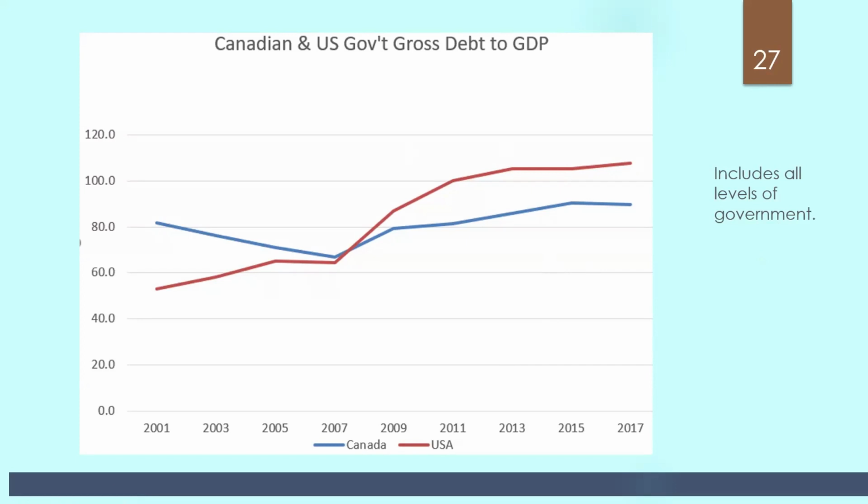The US dollar is a lot stronger than the Canadian dollar, and that's why they're able to take this on, because they're able to print money to finance this debt. But Canada can't do that as much because we don't have a strong enough currency. You can print a lot of money from your central bank only if you have a strong currency.